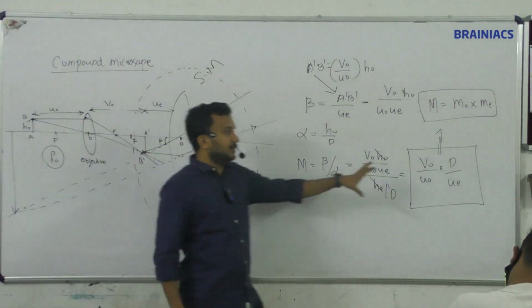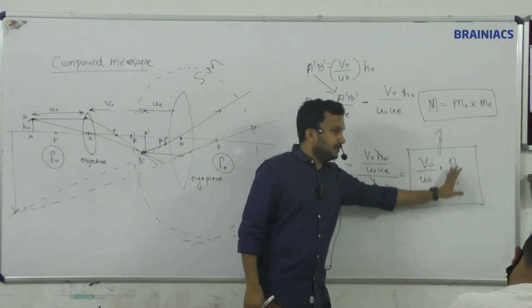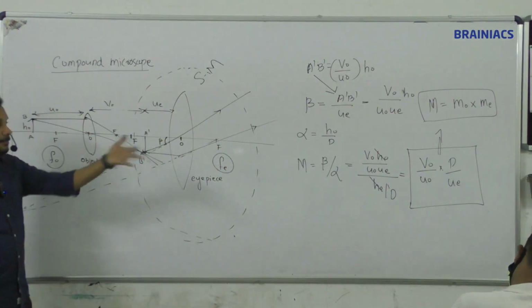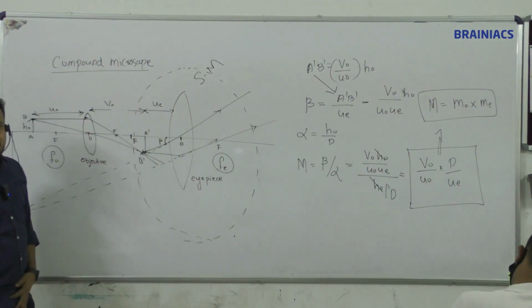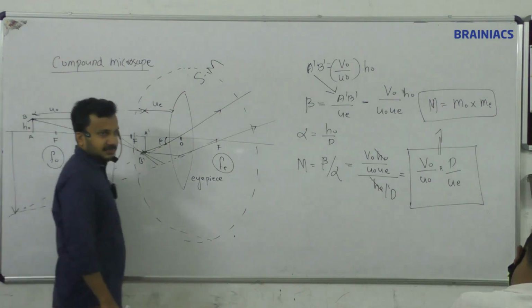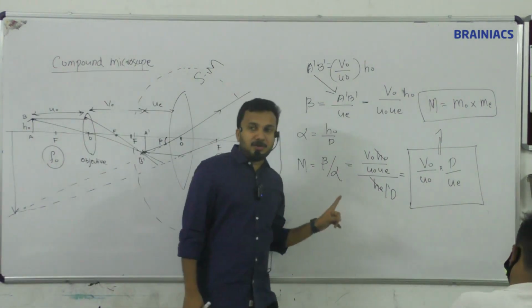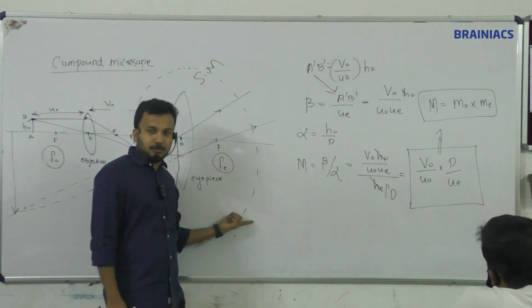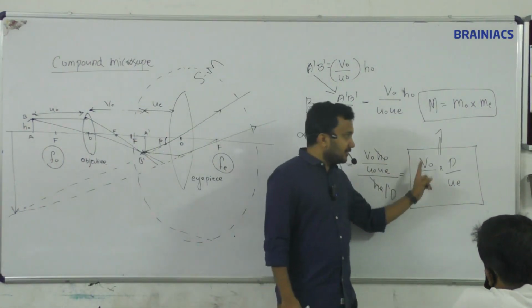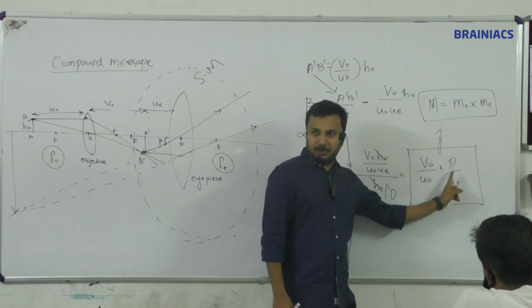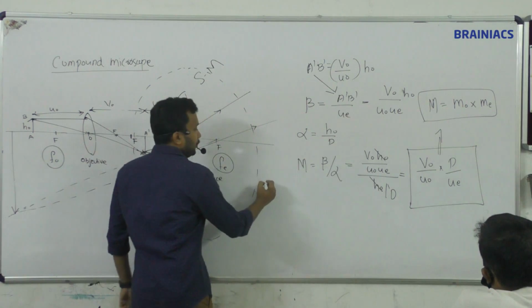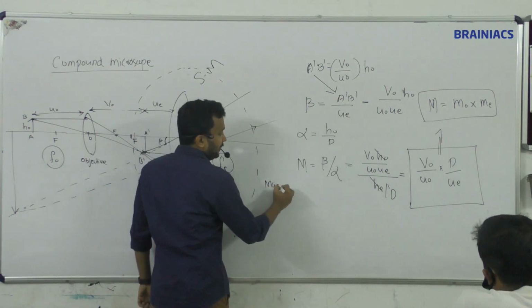D by UE is for which one? Eyepiece lens, or we can say simple microscope. For simple microscope, what is the condition for maximum magnification? 1 plus D by F. So which means if I want to get a maximum magnification for a compound microscope also, V0 by U0 into D by UE. If this D by U is a simple microscope, so here also to get maximum magnification.